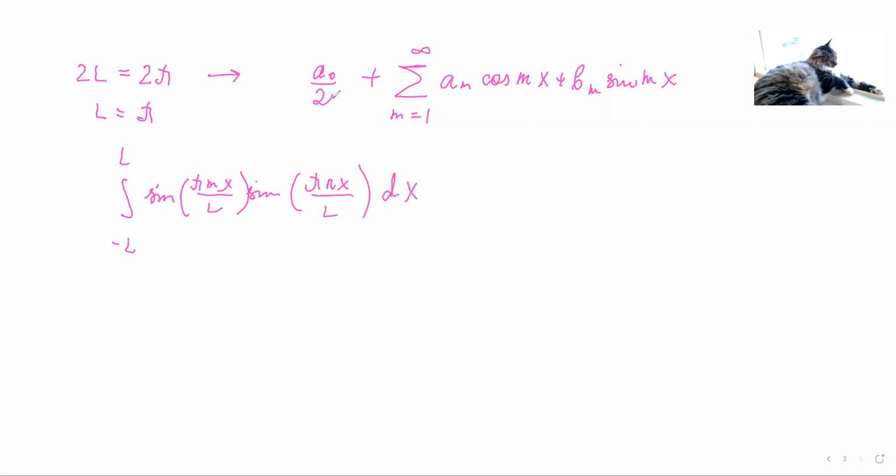Well, that's just like a dot product between two vectors. I'm going to write it down like v1, v2 dot product, if one of the vectors is sine and another one is sine.